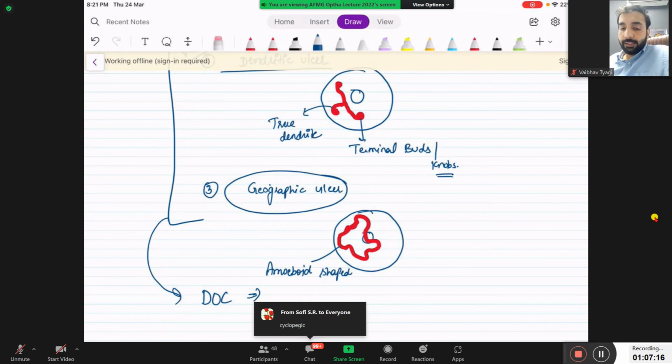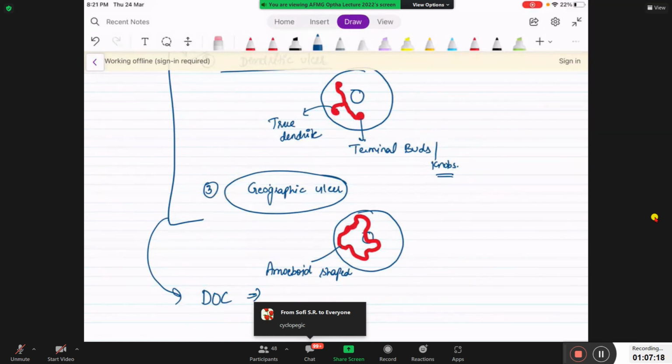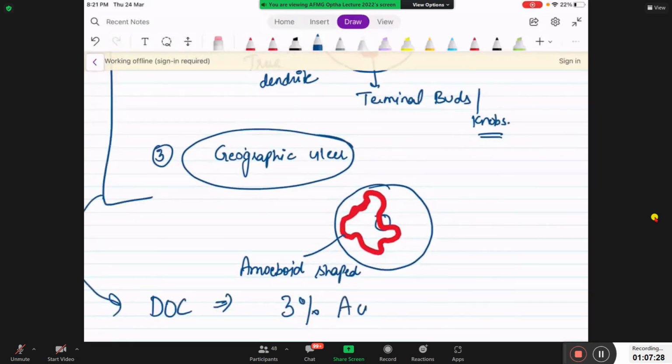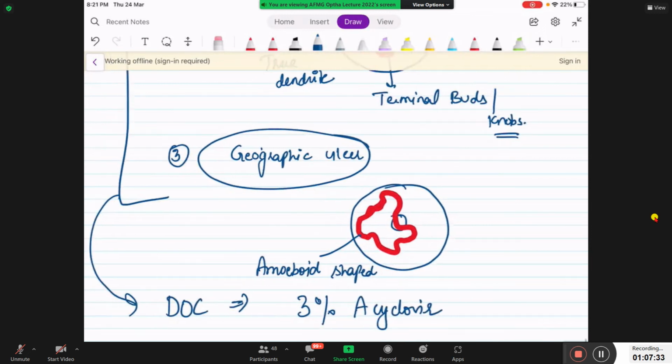Obviously, there will be pain. Cycloplegic will be given, right? So in these three subtypes of HSV keratitis, the drug of choice is 3% acyclovir. This percentage also you have to remember.